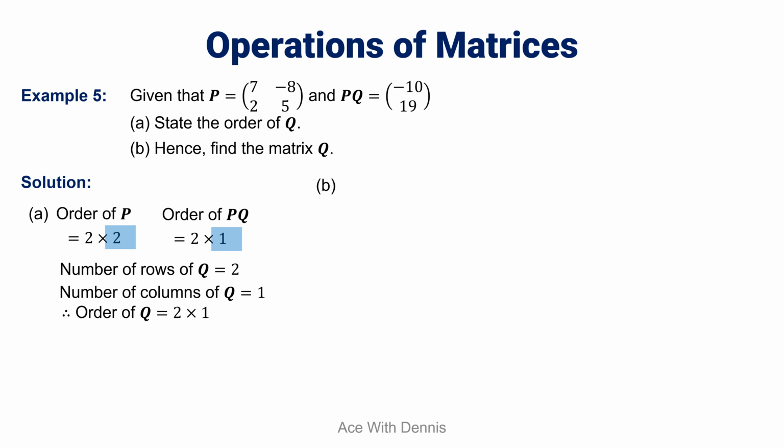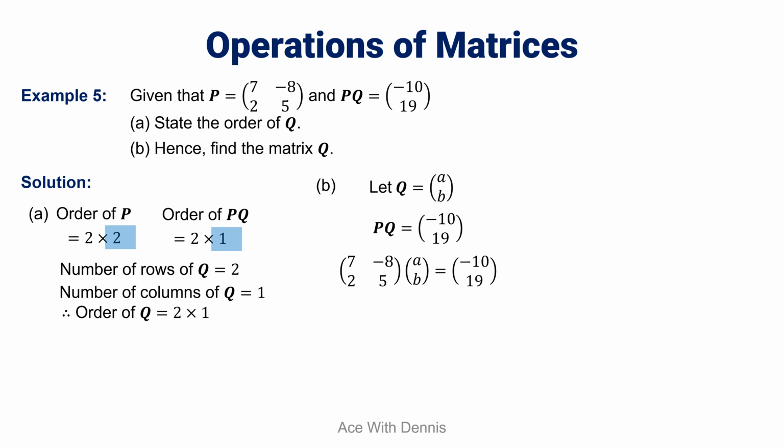For B, we know that matrix Q order is 2 times 1, so let matrix Q equal matrix [a; b]. So matrix P times matrix Q equals matrix [-10; 19]. We substitute P to be matrix [7, -8; 2, 5], and matrix Q as matrix [a; b]. Then we can multiply these two matrices together.